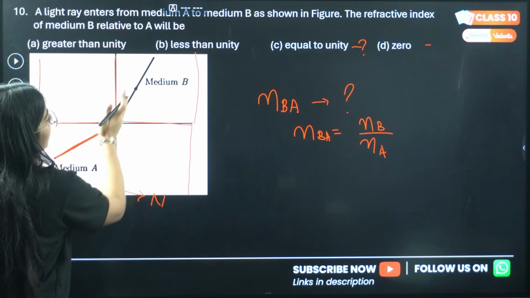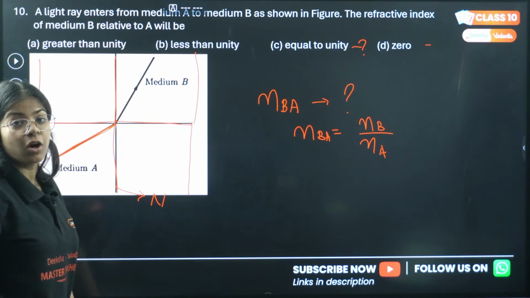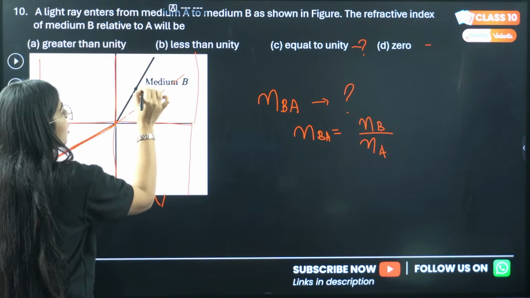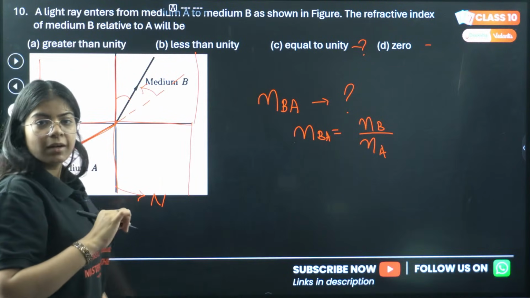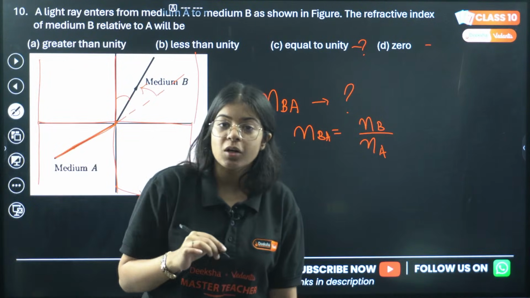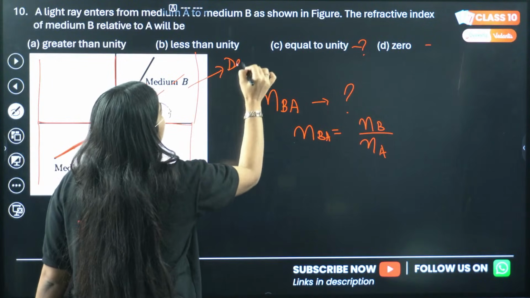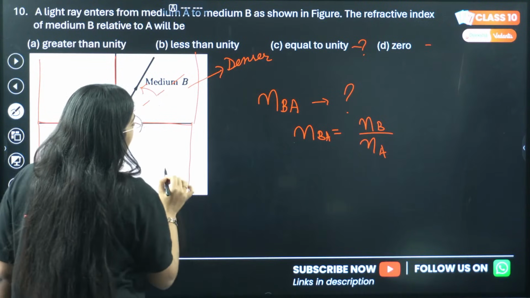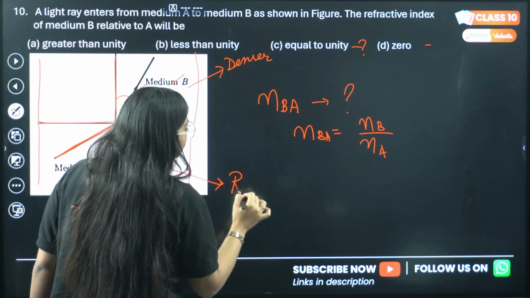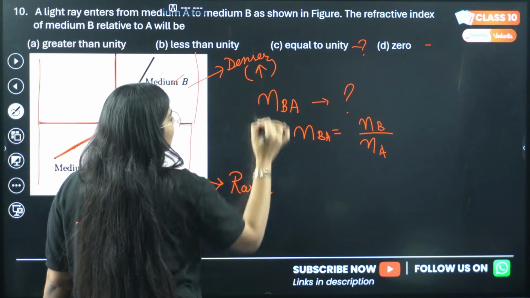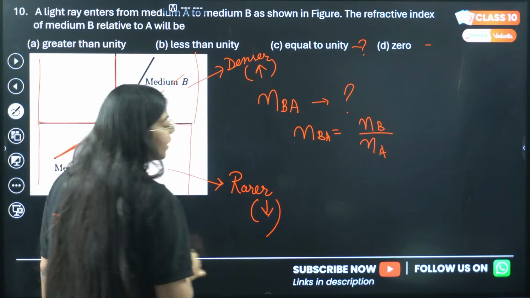So is it bending away or is it bending towards the normal? Ideally it should go like this. So it is bending towards the normal. If it's bending towards the normal, then medium B is denser and medium A is rarer. Correct? So the refractive index of the denser medium will be more than the refractive index of the rarer medium.